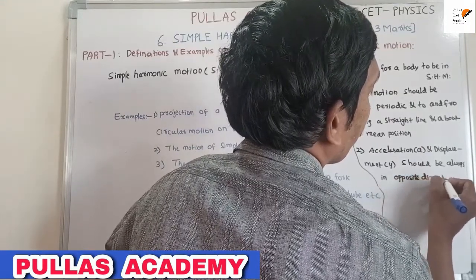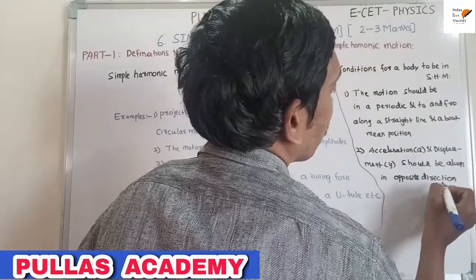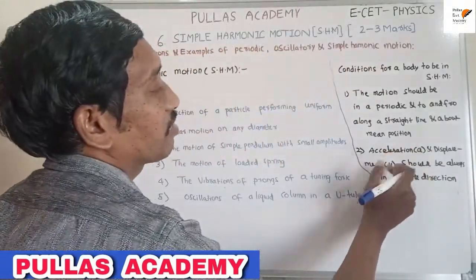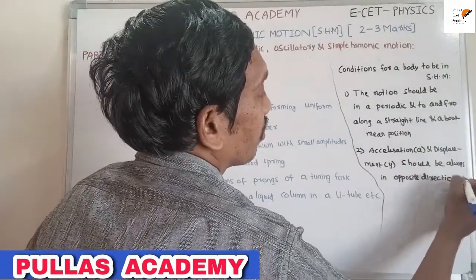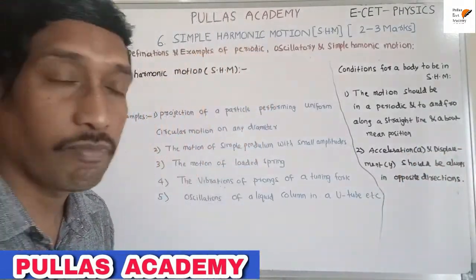If any object is in motion, the measurable parameters are acceleration and displacement. They should always be opposite in direction. That's the second condition.